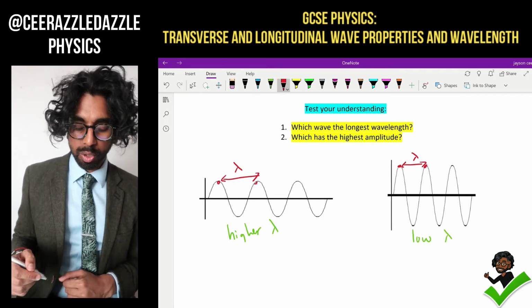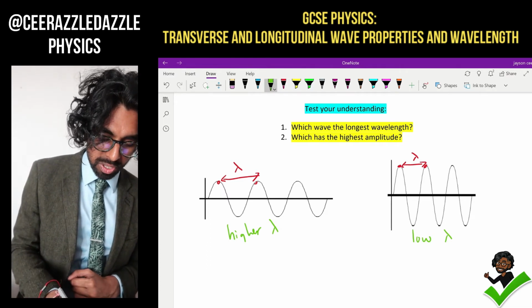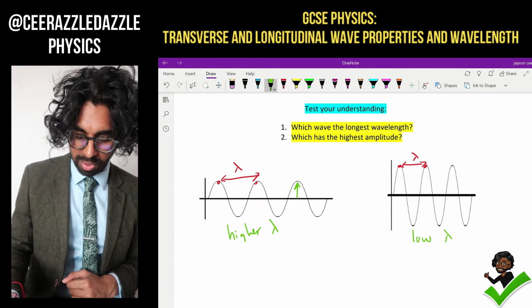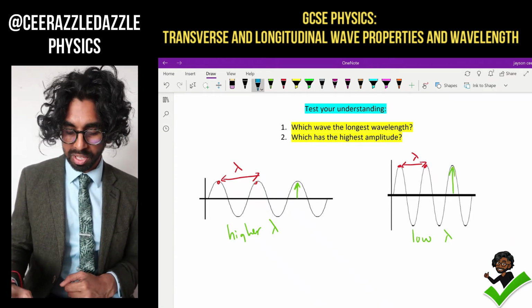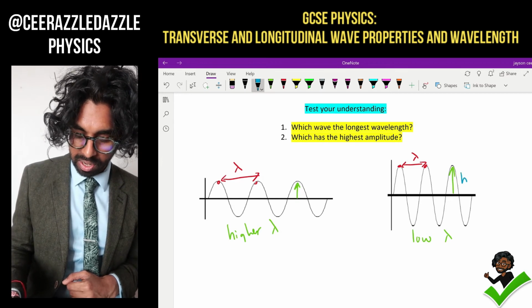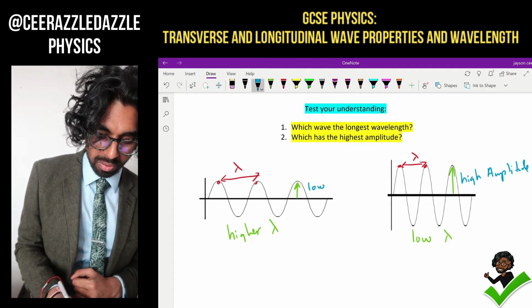Now, next thing is this. Which one has the highest amplitude? Let's label it. So the amplitude of this one is over here, right? The amplitude of this one is quite higher. So it's going to be this one. This one has a high amplitude, and this one's going to be low amplitude.